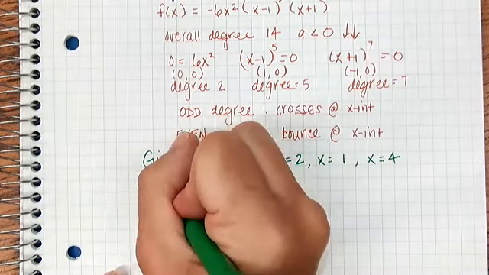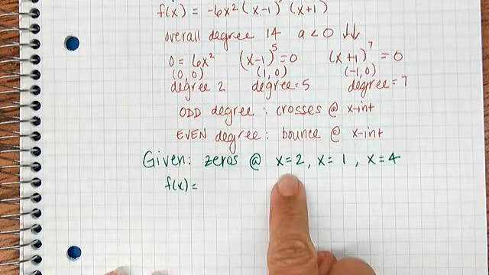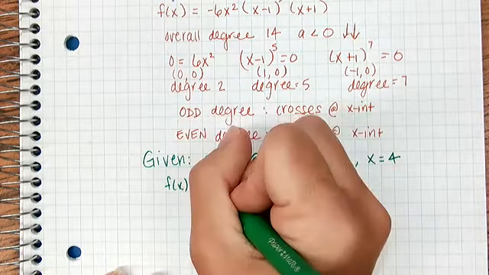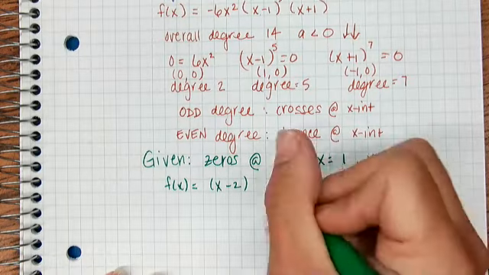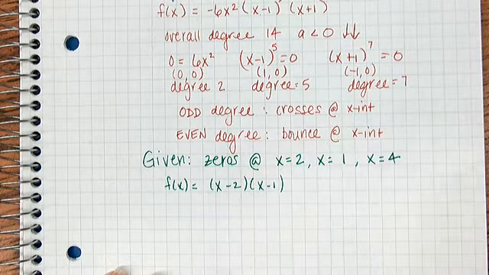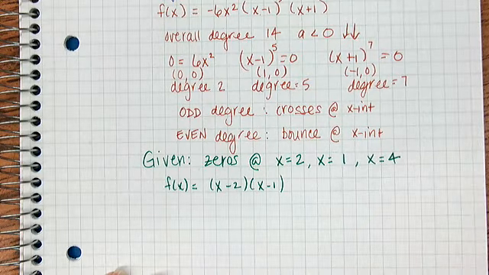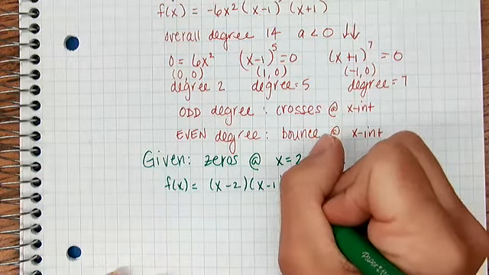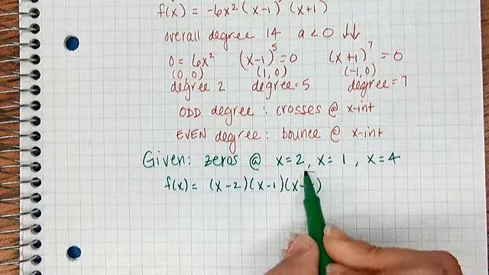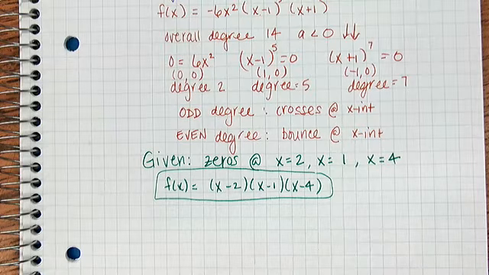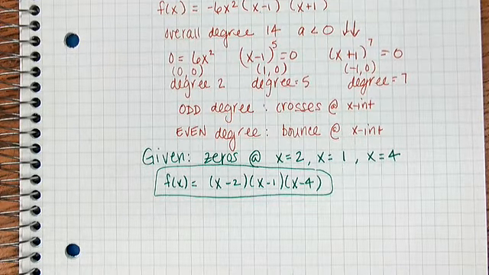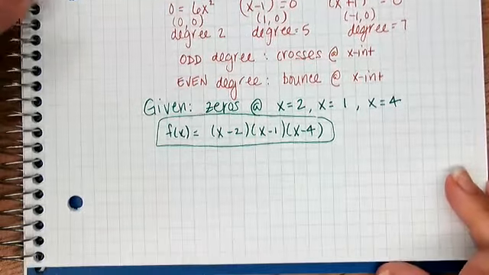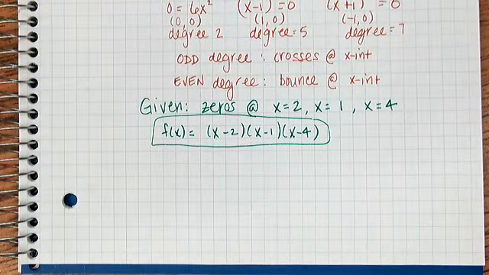Work backwards. If x equals 2 is a zero, x minus 2 is the factor. If x equals 1 is the zero, x minus 1 is the factor. If x equals 4 is the zero, x minus 4 is the factor. So that's one potential answer. That's the easiest one, and there's no need to multiply it out.